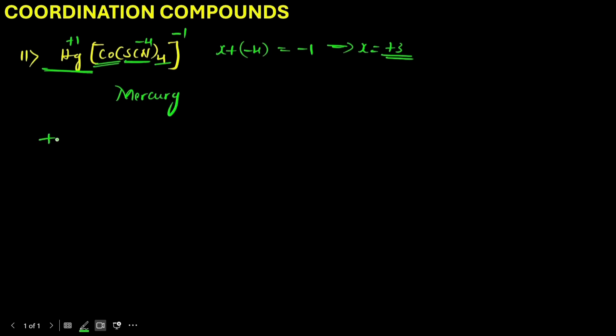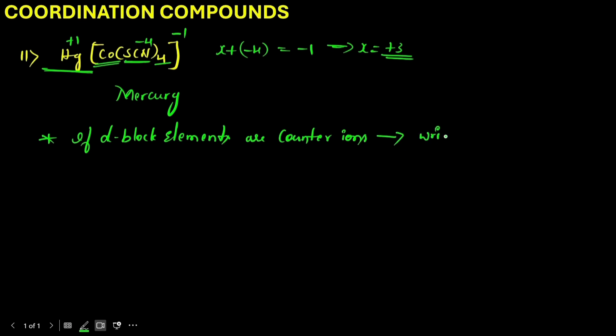Here you have to make a note that if d block elements are counter ions, then you have to write the oxidation state. What is the oxidation state of mercury here? It is plus 1. Therefore, you have to write 1 and then you have to give space to write the coordination sphere.